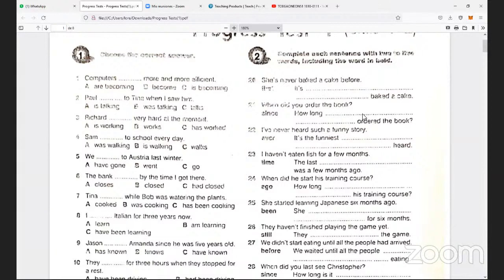How long have you been waiting since you ordered the book? How long? Okay, no. In this case, we are talking about the time, right? So how could it be? For example, if we replace time by it, like a noun.